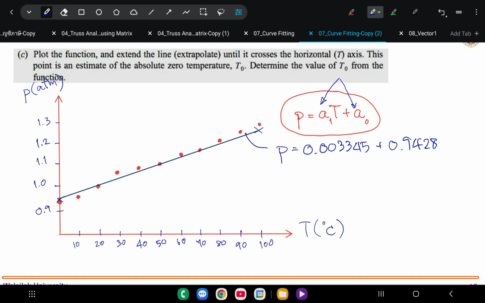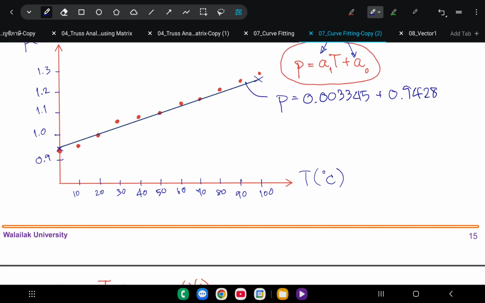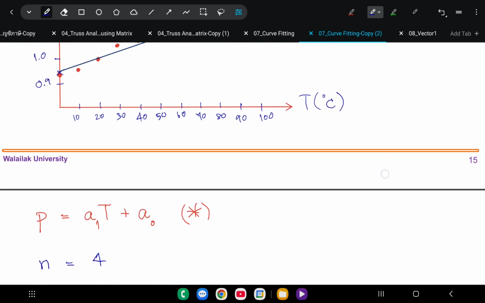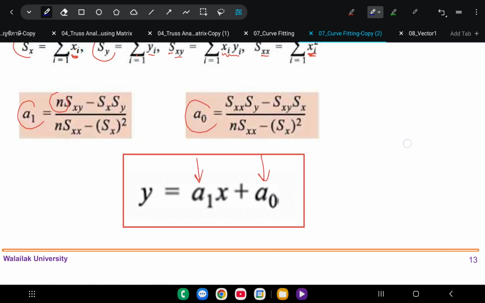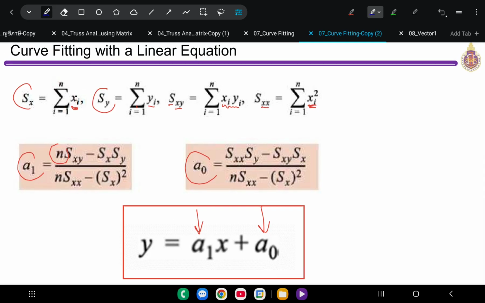Next, we have to use the equation in these slides. You don't have to remember it, but you should understand how to use it. To determine A1, you have to find n. n is the number of data points that you want to use.